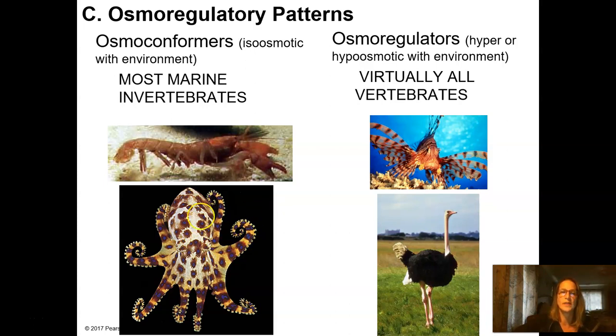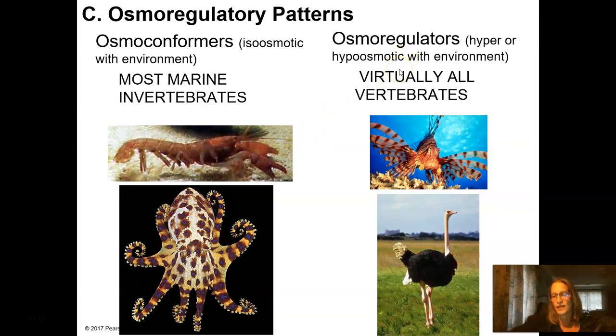That means they can only live in marine environments. And the reason for that is, if they were to live in fresh water, you know that your cells have solutes in them. And if you were an osmoconformer, then basically water would rush into your cells and you wouldn't be able to survive.